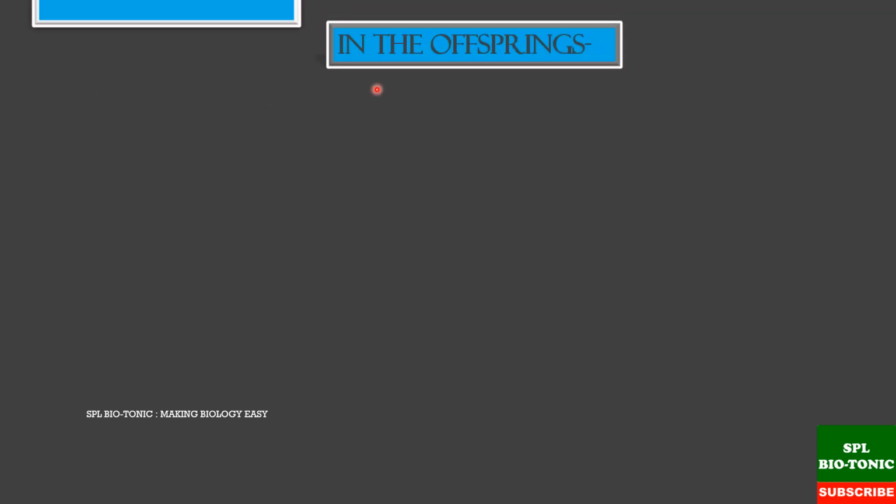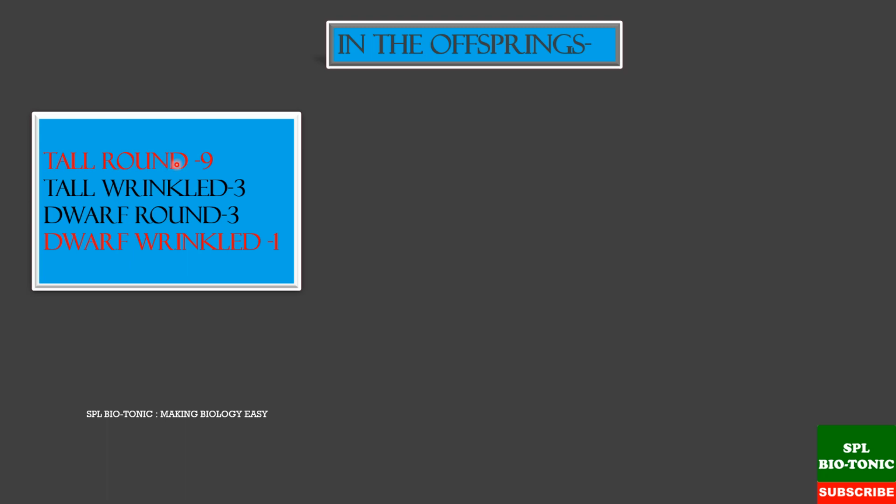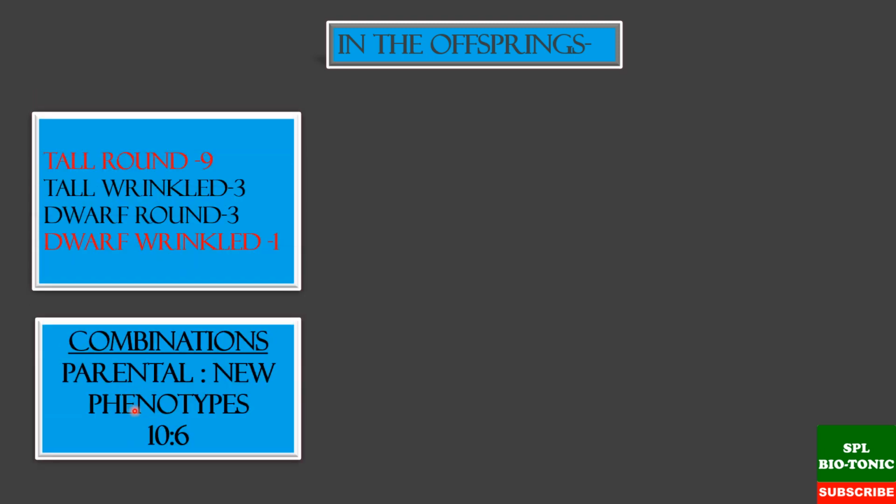Students, we get different types of new and old combinations in offspring also. Let us understand that. When we observe the phenotypic ratio as 9:3:3:1, out of these total 16 offspring, the first and last, that is 9 plus 1, 10 offspring, show the old combination, whereas the remaining 6 show the new combination. So the ratio of parental to new phenotypes is 10:6 in dihybrid crosses.